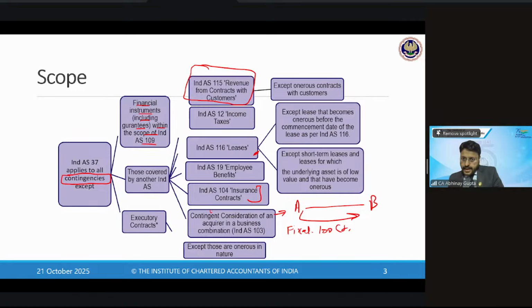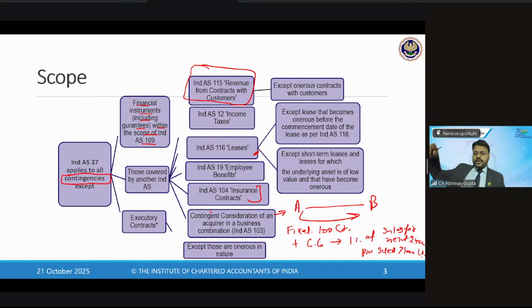Plus there is a contingent consideration, which is 1% of sales for the next 2 years, provided sales are greater than 1000 crore. So if the sales exceed 1000 crore in the next 2 years after the acquisition, then 1% of those sales is the additional consideration which A Limited has agreed to pay to B Limited.